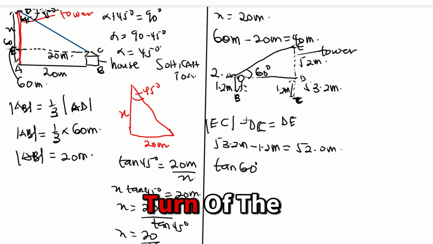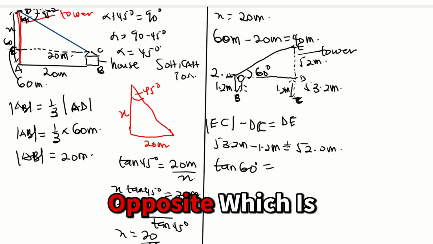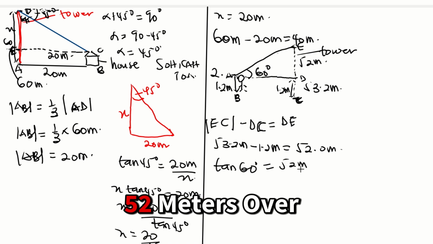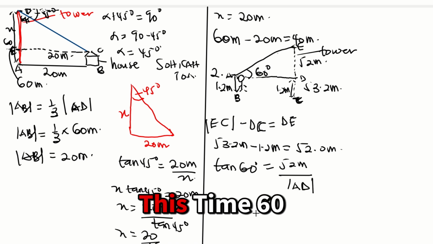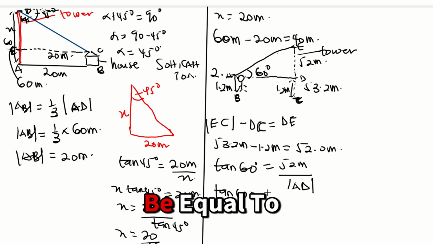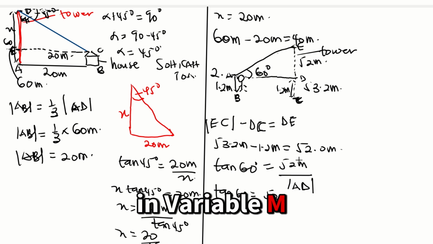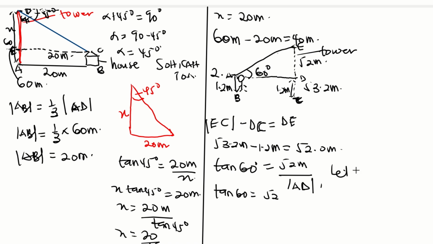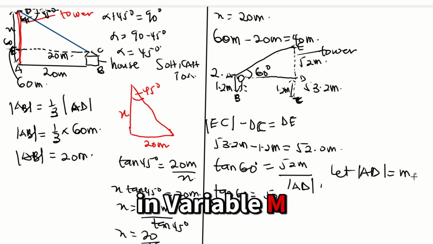Tan 60 degrees. Tan of the angle here gives us opposite, which is 52 meters, over the distance here, which is AD. Okay, and this tan 60 is going to be equal to 52 over... Let's say that our AD here is a certain variable m, so let the distance AD be equal to a certain variable m.